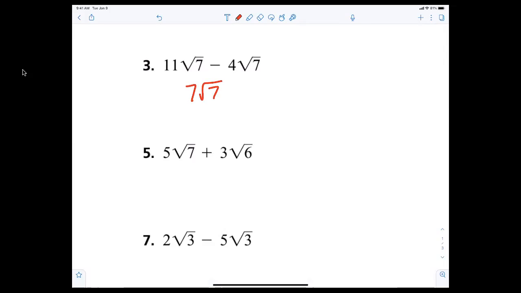Now, take a look at number 5. Okay, Austin, what are you thinking about on number 5? Yeah, they're different. So can you add them? No, that is the answer. You cannot add them unless they have the same radical. They have to be exactly the same in order to add them. So number 5, that is the answer. You're not adding them.